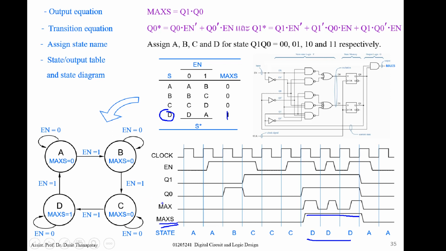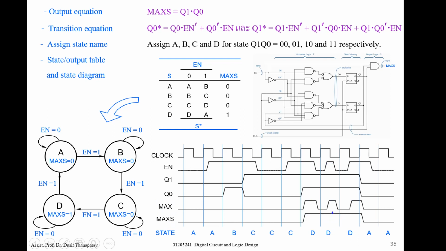Compare with example 1, which is a Mealy type, right? At state D, the output will be 1 when input en is 1. So max for example 1 is this one. But example 2, max is Moore, right? It does not depend on input.